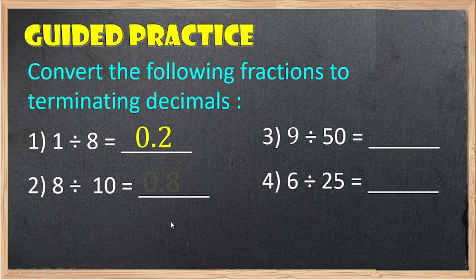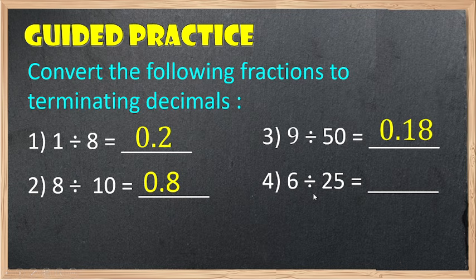The answer is 8 tenths or 0.8. For question number 3, we have 9 divided by 50. The quotient is 0.18 or 18 hundredths. And for question number 4, 6 divided by 25, the quotient is 24 hundredths or 0.24.